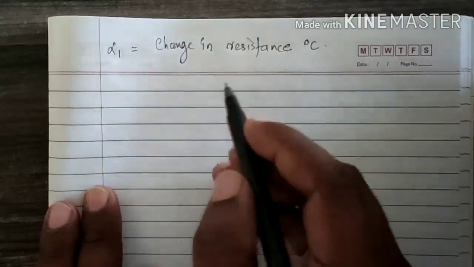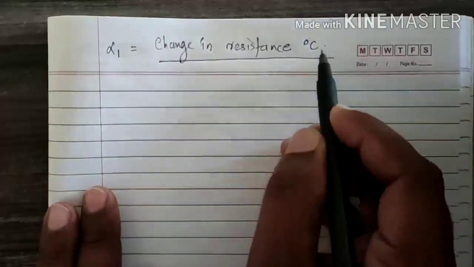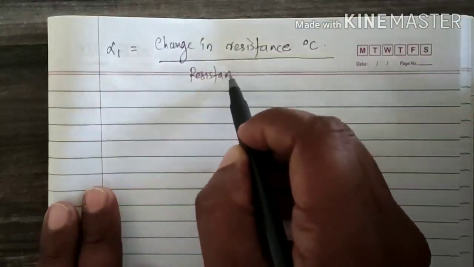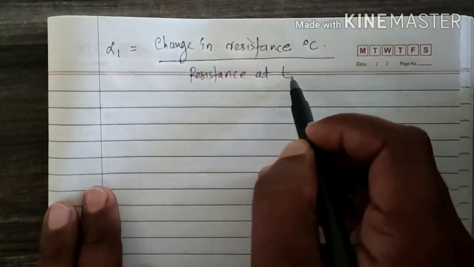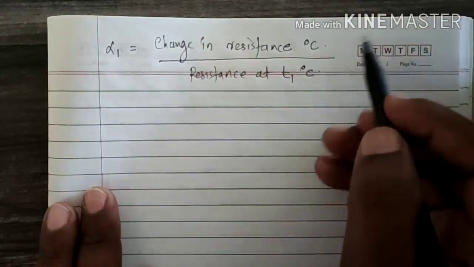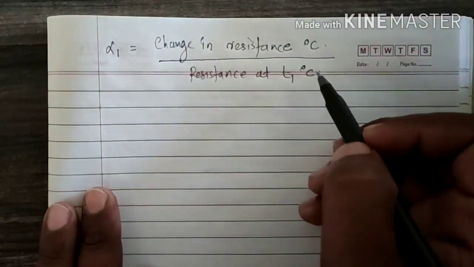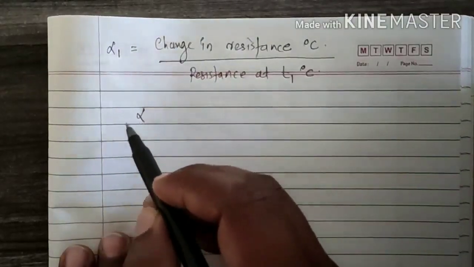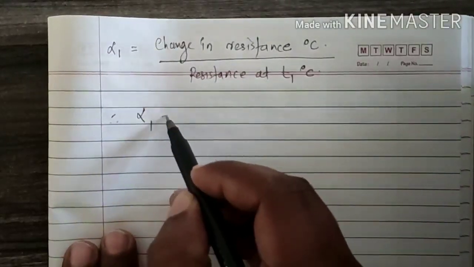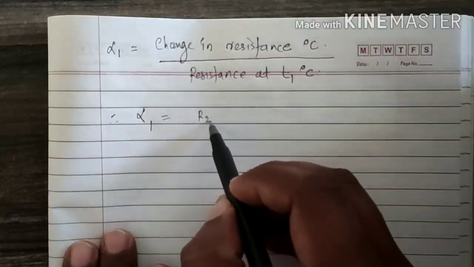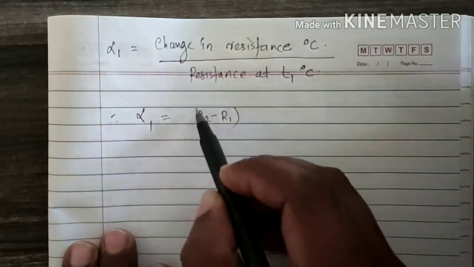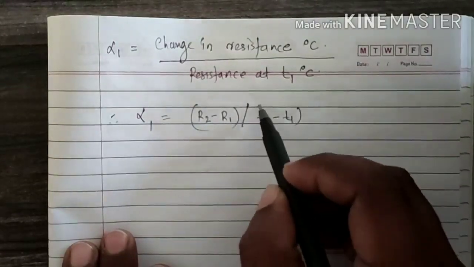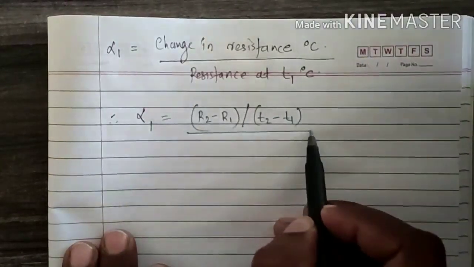Then divided by the resistance at T1 degree Celsius. So alpha 1 is denoted by R2 minus R1 upon T2 minus T1, the whole ratio of the resistance at that temperature.